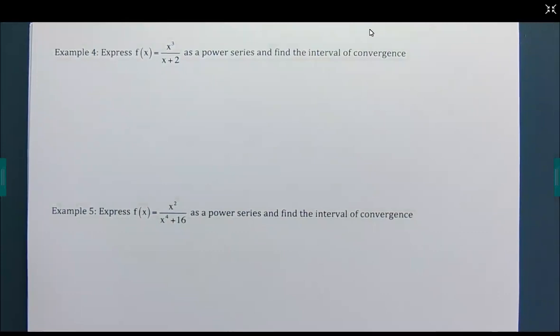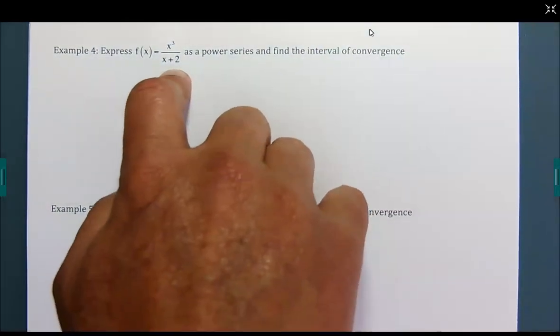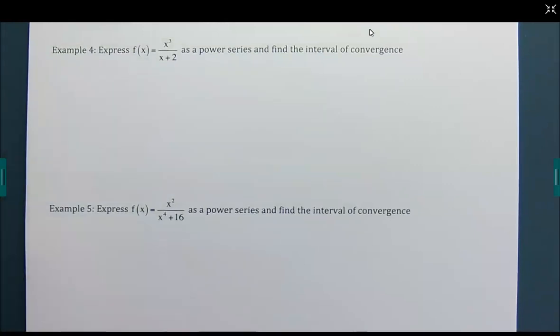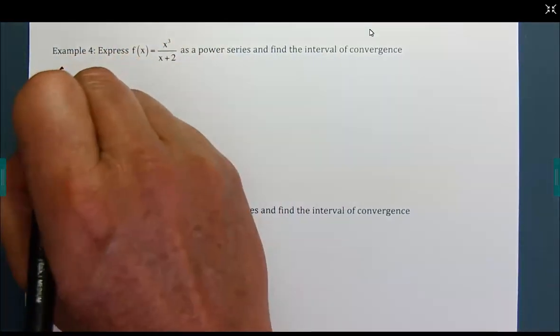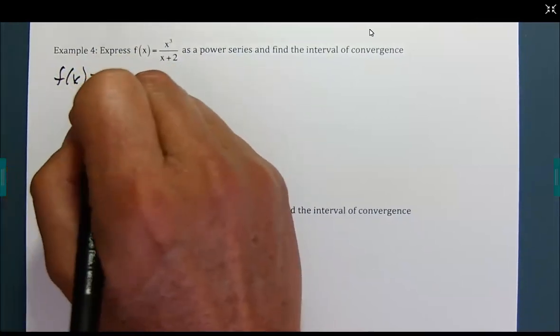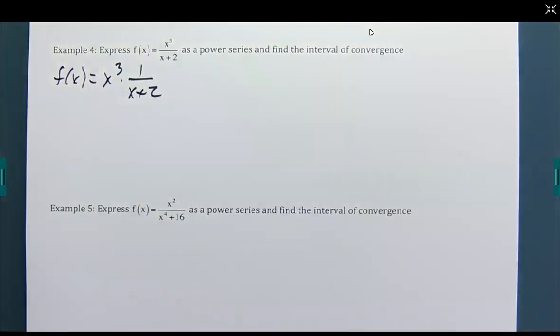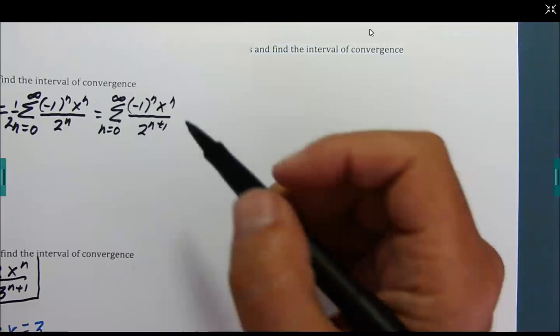Now this one, we sort of already did the x plus 2 right here. And what I'm going to do is rewrite f of x like this, and I'm going to use the previous answer that I got for that.